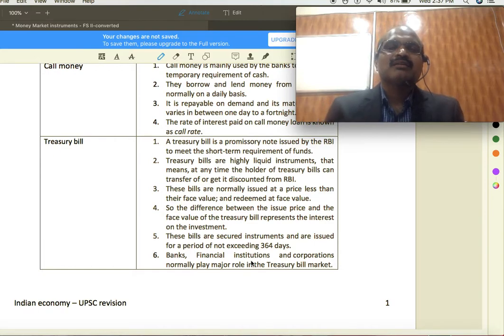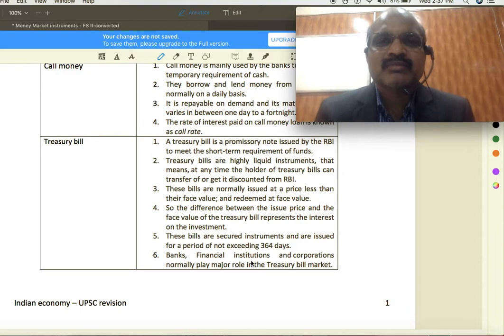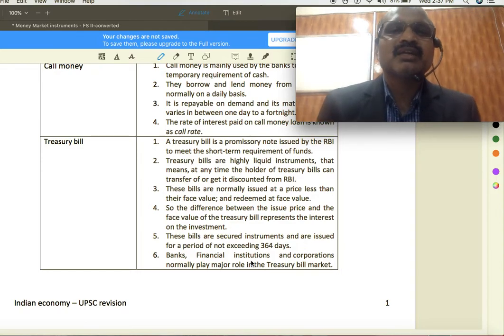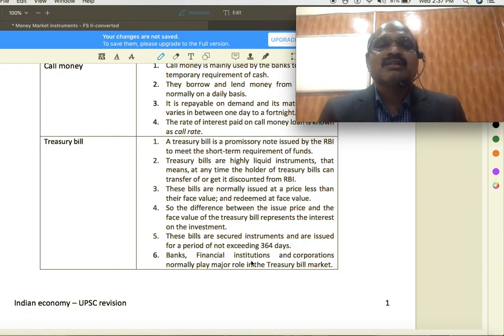As long as they are paid before 364 days, they will be continuously called treasury bills. The moment government is not in a position to repay them within 364 days, government will extend the period and convert them into bonds, maybe 2 years, 3 years, like that, with a fixed rate of interest. This is what is called servicing the debt when government is not in a position to repay. That is the point. Clear?